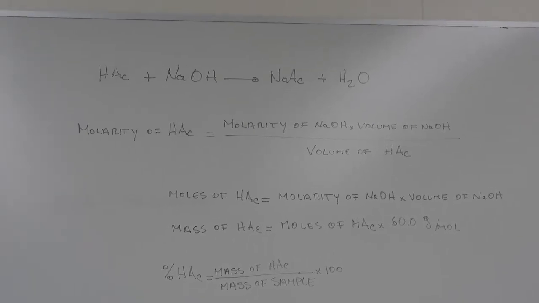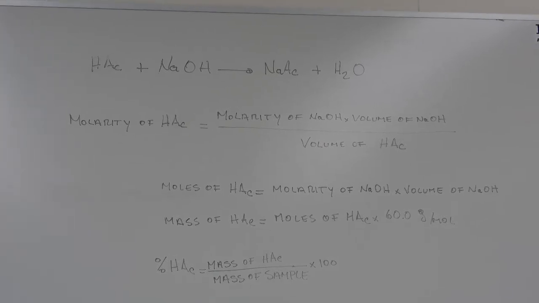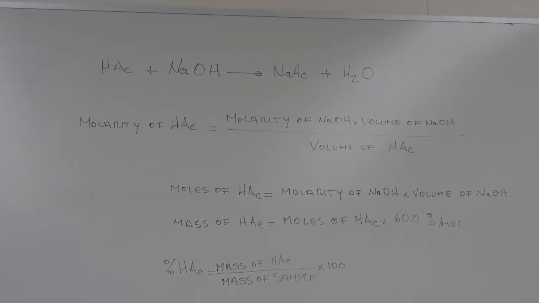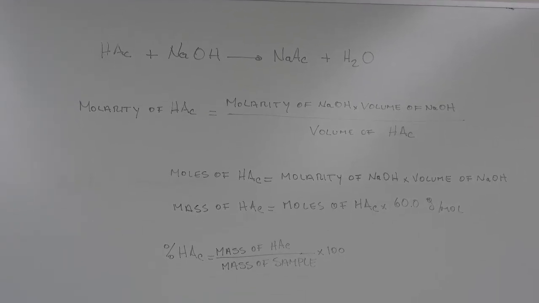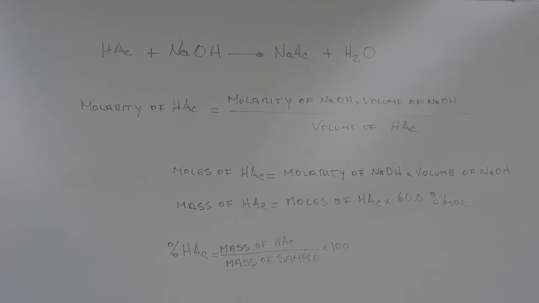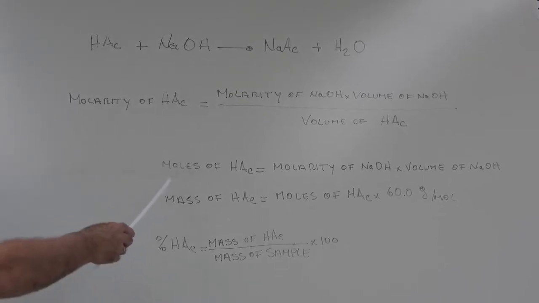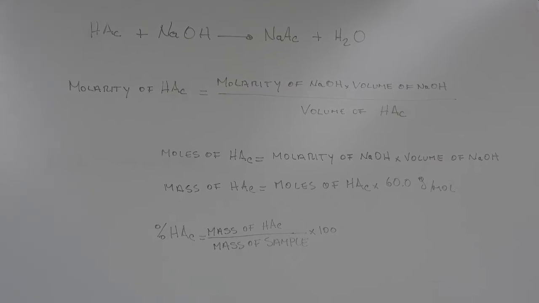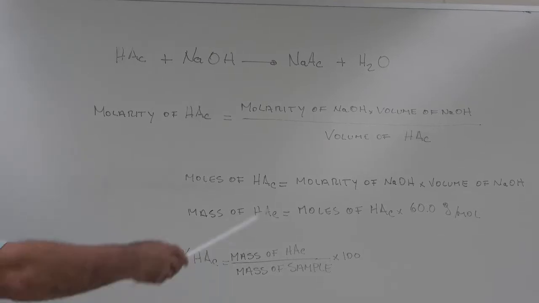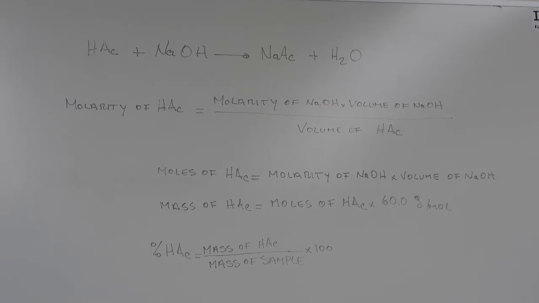Now, since the quality of vinegar is given in percentage of acetic acid, that's what we see in the bottle of the product, we're going to determine the percentage of acetic acid in the sample that is being given to us in this laboratory. To do that, we need to know that the moles of acetic acid contained in the portion of the sample that we use to do the titration is equal to the molarity of the sodium hydroxide times the volume of the sodium hydroxide.